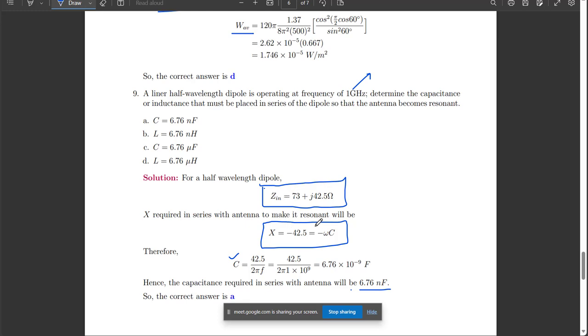For that we use a capacitor in series, so that this j 42.5 cancels out and we get a resonant antenna.